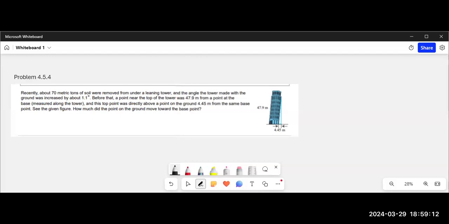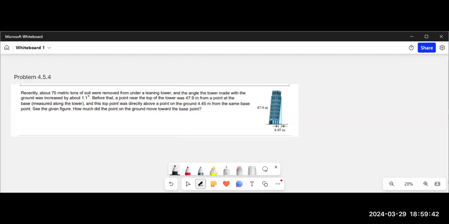That's this slanted line over here to the left side of the tower, not this vertical line. And this top point was directly above a point on the ground that was 4.45 meters from the same base point.